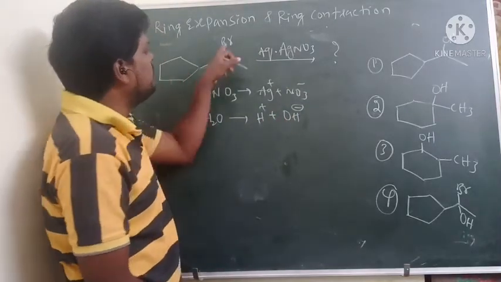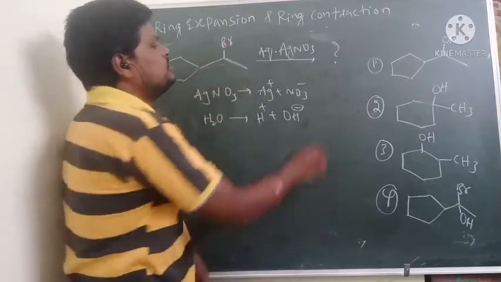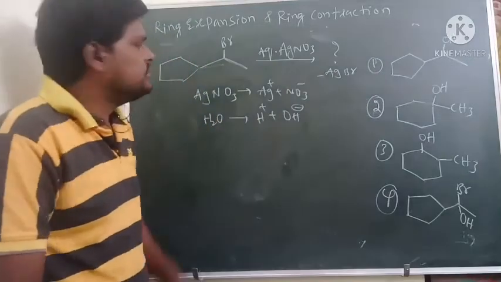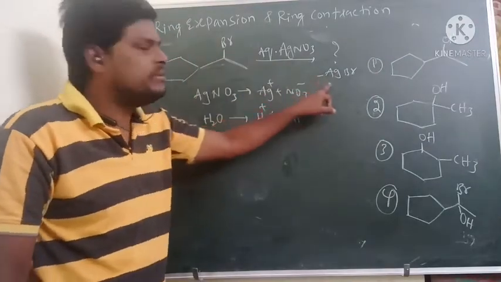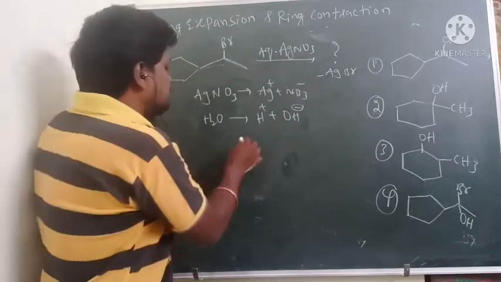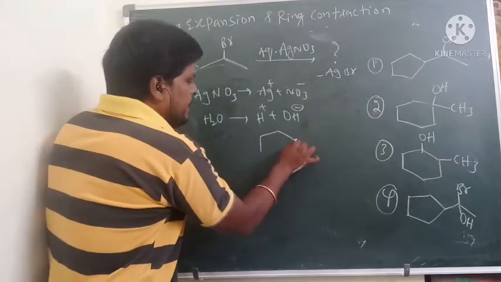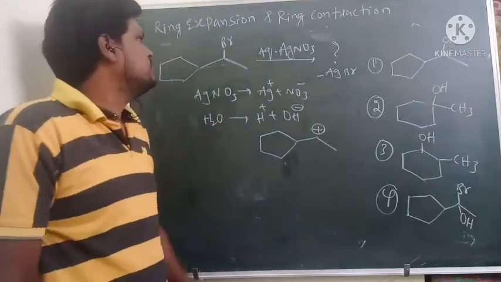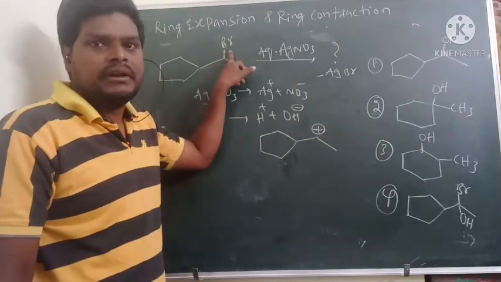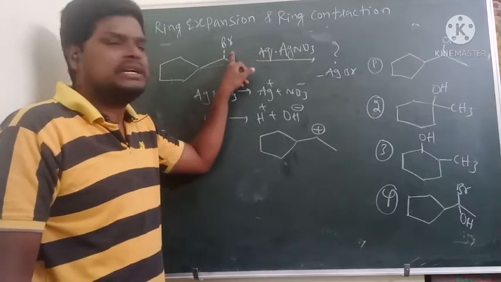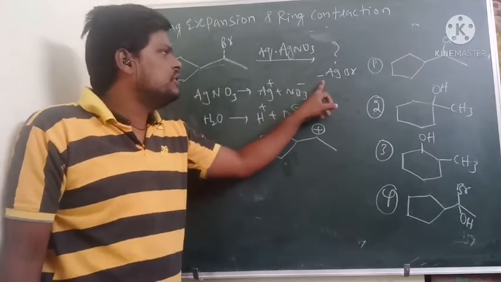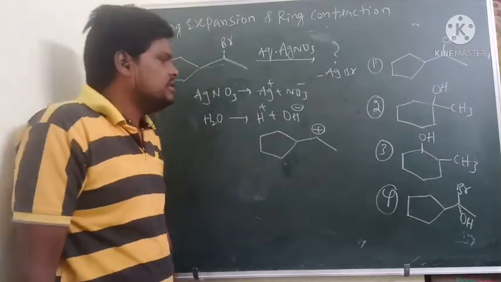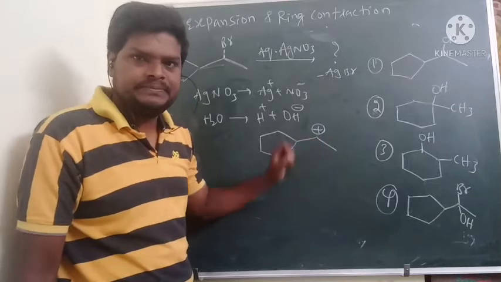So here what happened? Ag plus and Br minus are eliminated as AgBr. The next product will have a positive charge, right? Because Br is eliminated along with the bond, that's why Br minus plus Ag plus is eliminated as AgBr, and we get this product here.